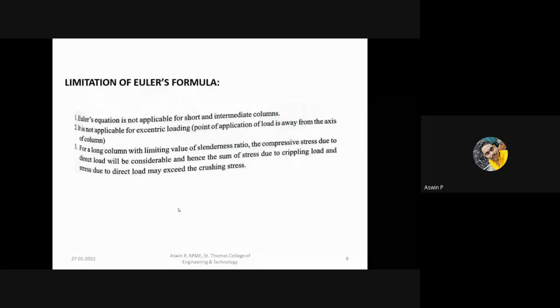Euler's equation is not applicable for short and intermediate column or medium column. Second point, it is not applicable for eccentric loading.